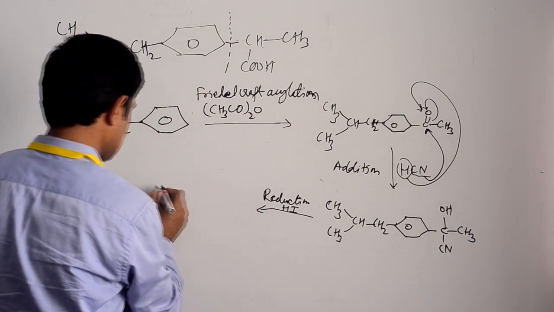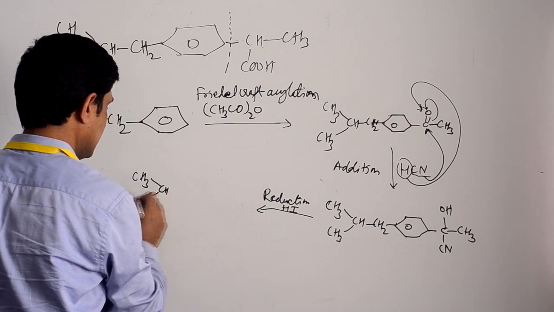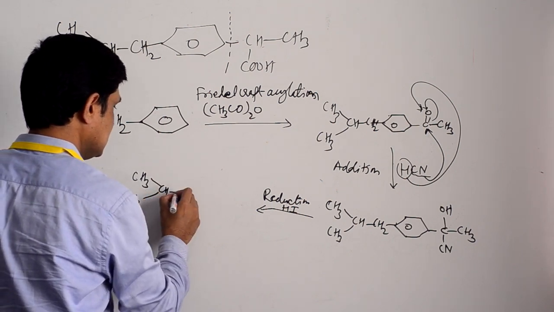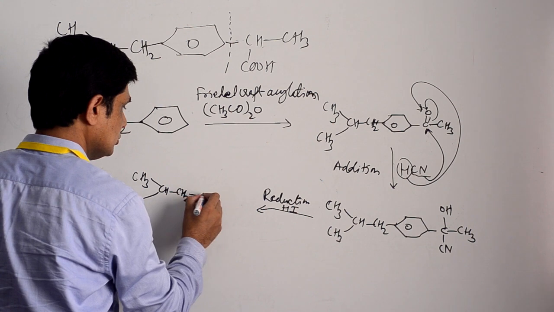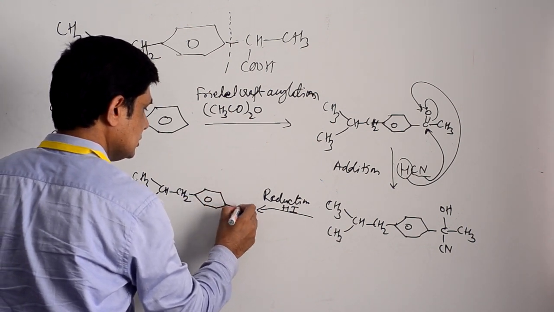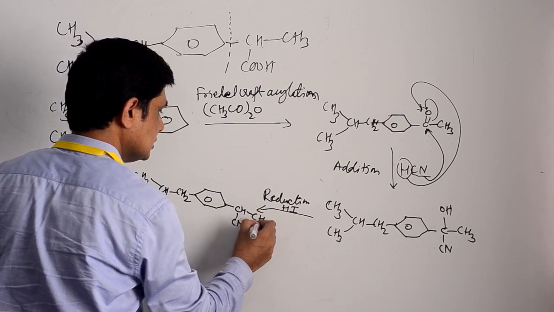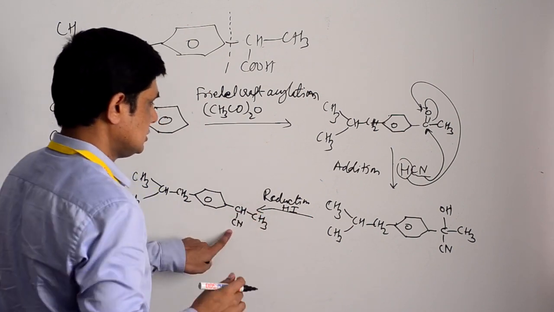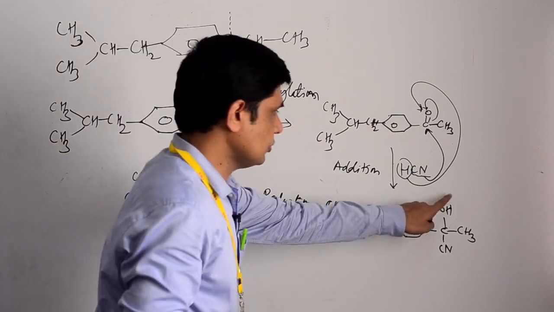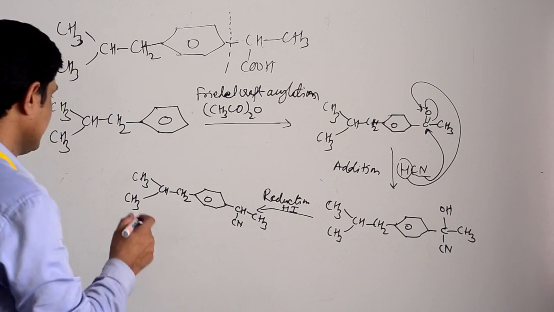So what will form? CH3 CH CH3 CH2 benzene ring, then CH, then CN and CH3. The OH will be removed and CH will form, with CN.